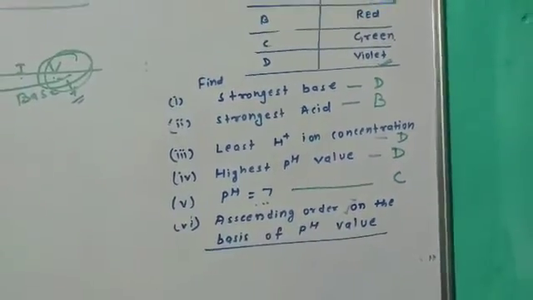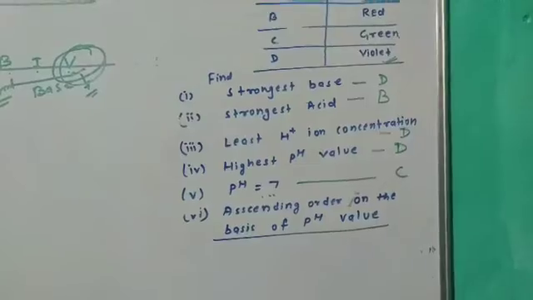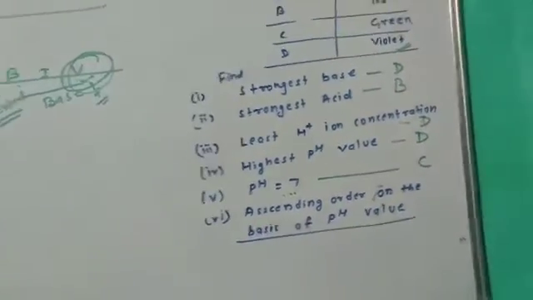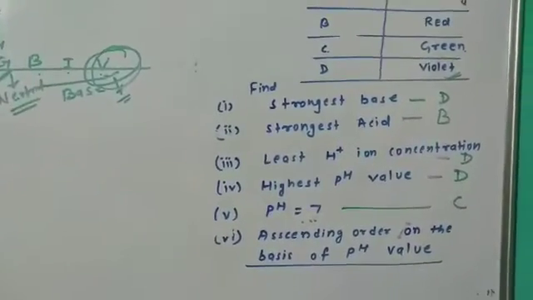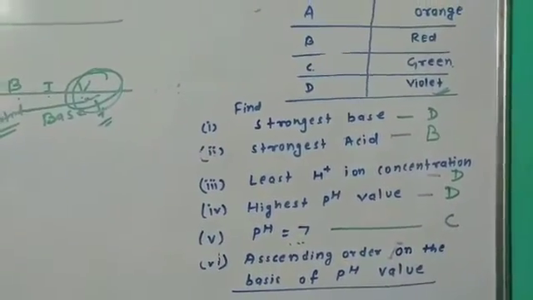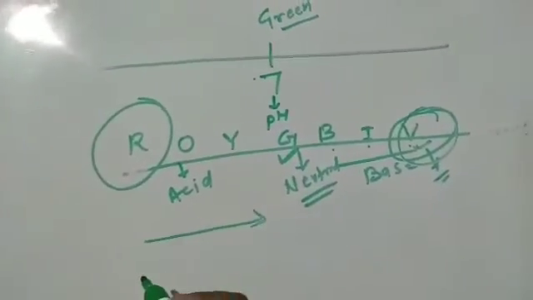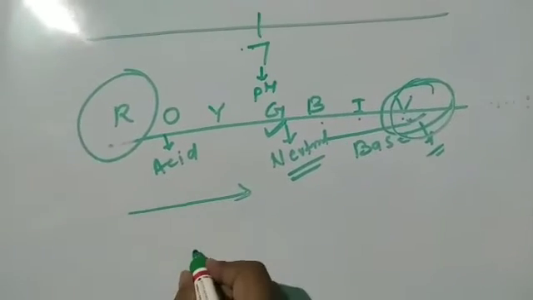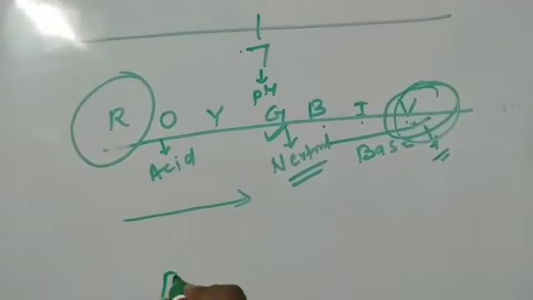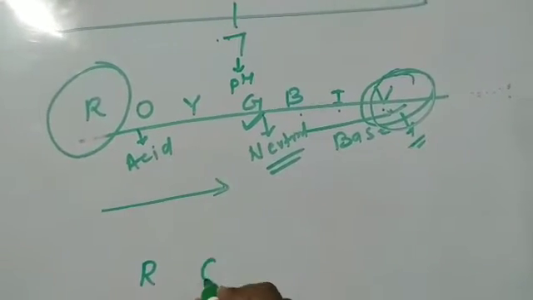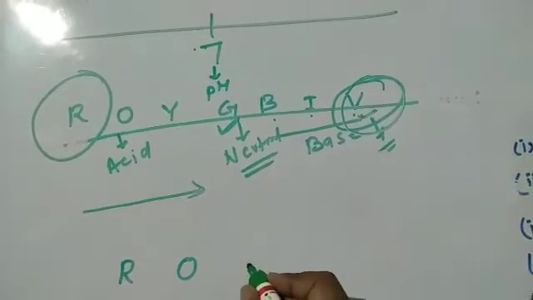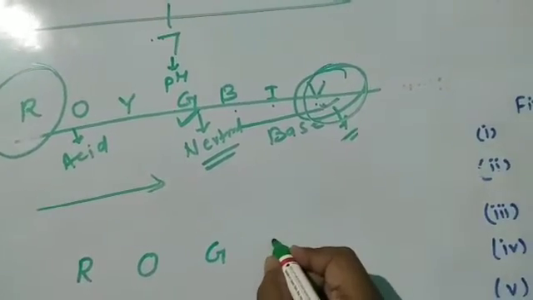Ascending order on the basis of pH value. If we have to arrange in ascending order of pH value, on the basis of VIBGYOR, we have orange, red, green and violet.